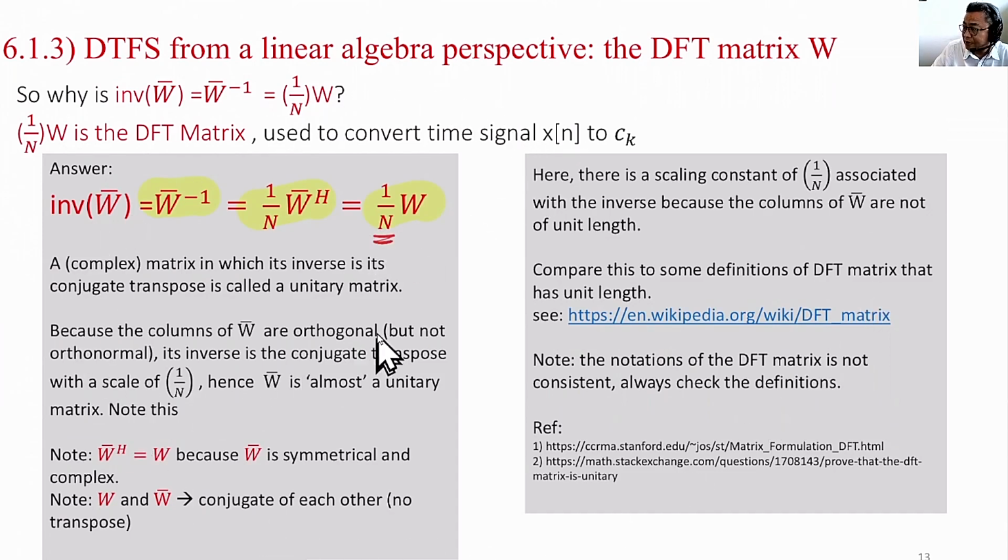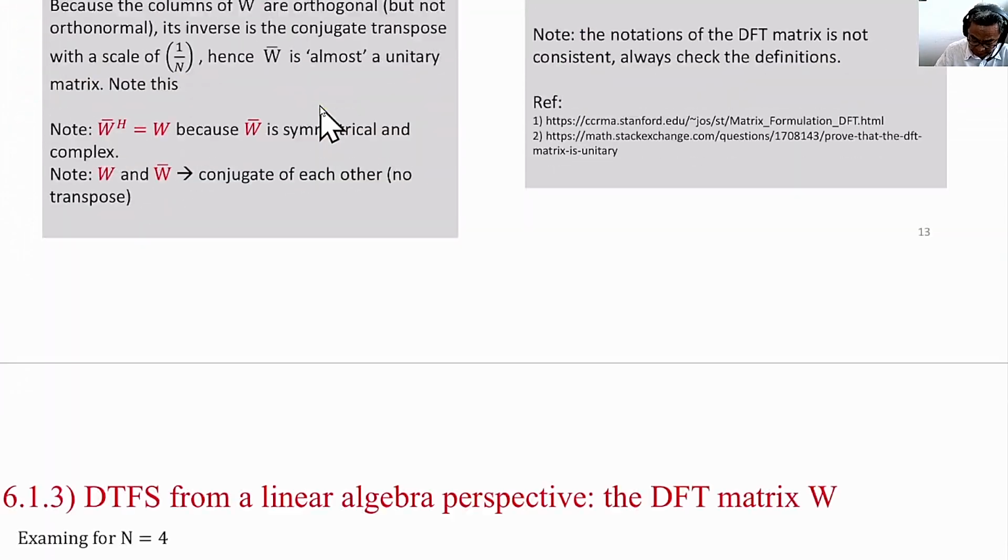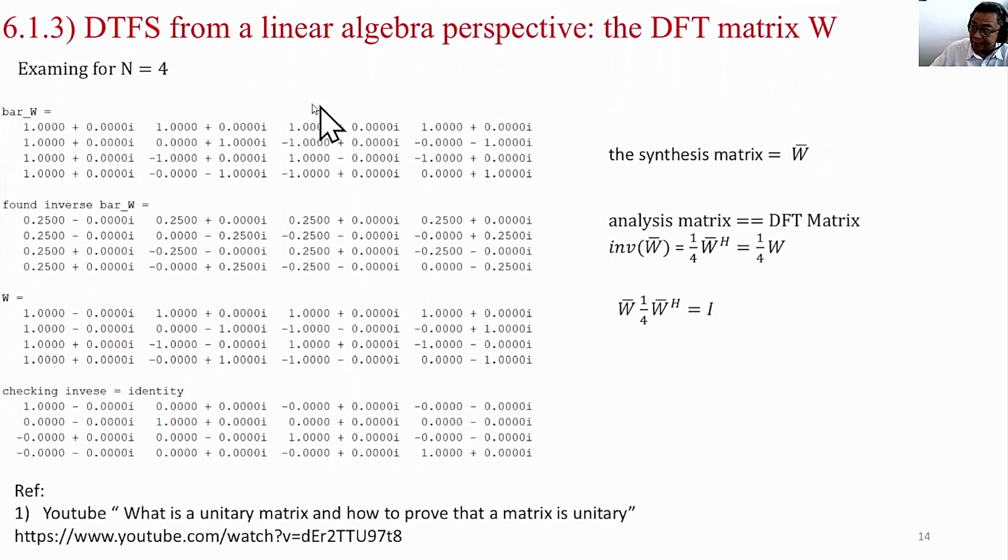So read this, and this is the explanation of why the inverse of W bar is 1 over n multiplied by W. I also give you some real examples, where I generate for n equals to 4.